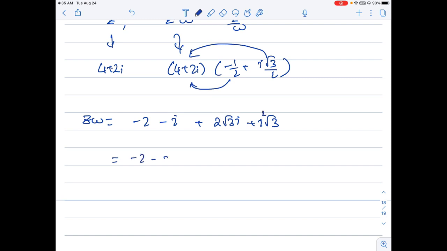So minus 2 minus i plus 2 root 3 i minus root 3. So it becomes minus 2 minus root 3, then plus i common, 2 root 3 minus 1. So this is one of the complex numbers: minus 2 minus root 3, plus 2 root 3 minus 1 times i.